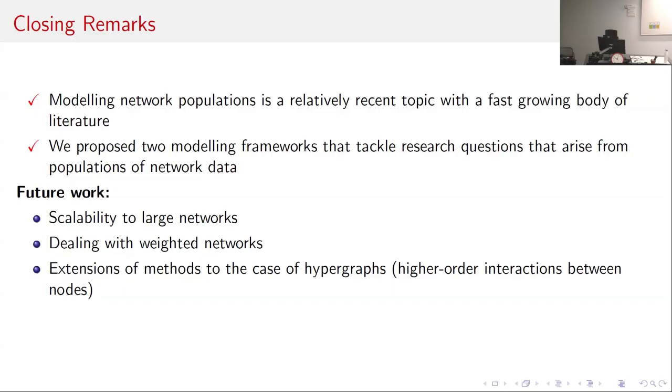I'm also considering extensions to hypergraphs, for populations of hypergraphs. These are objects that encode higher order interactions between nodes rather than pairwise.